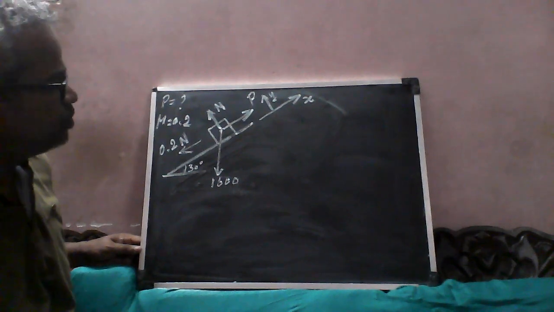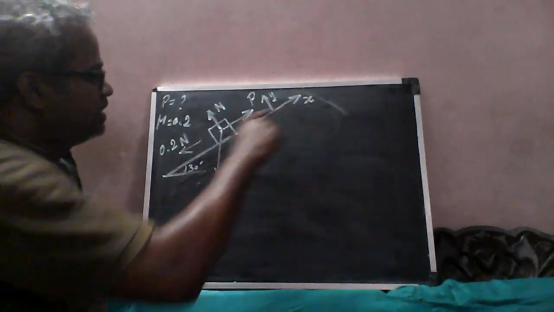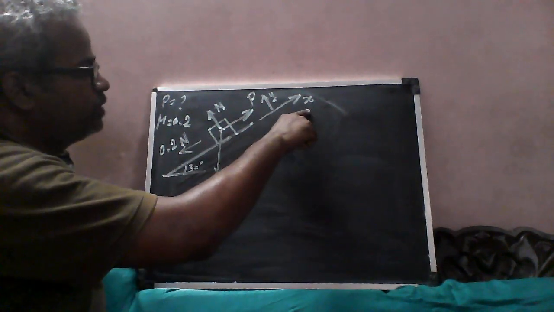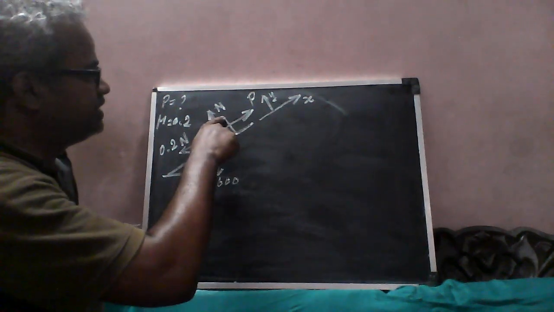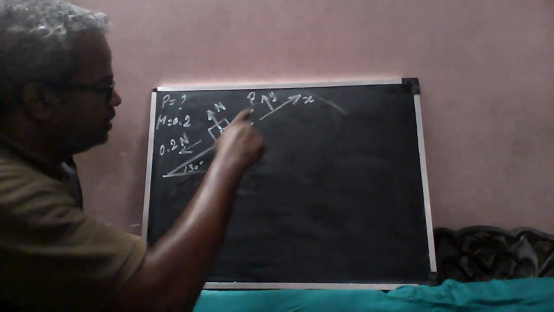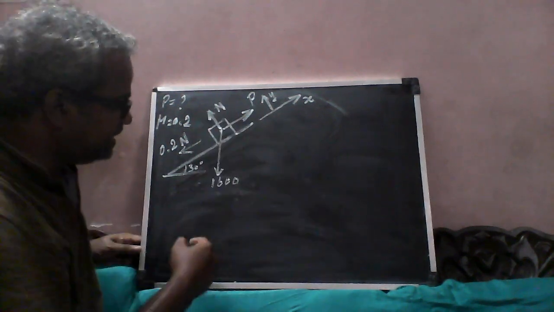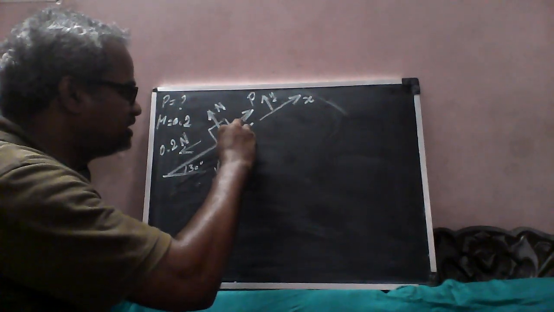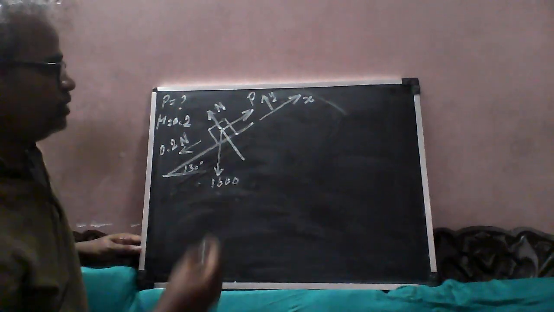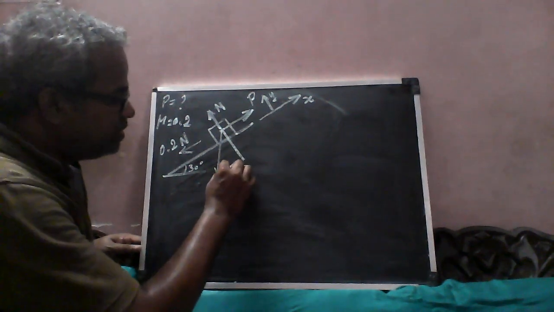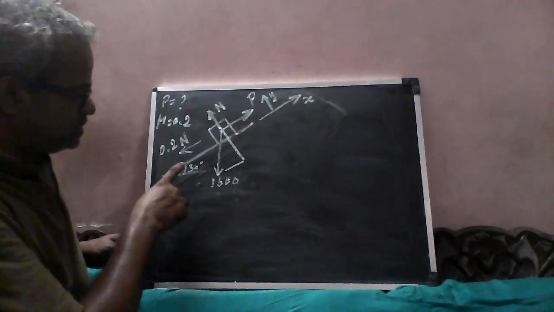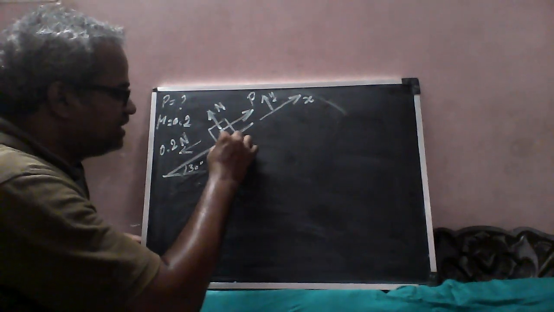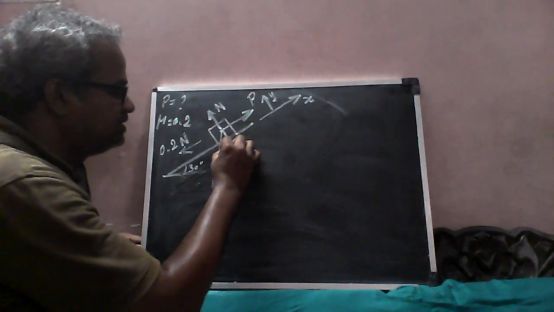Now you can see in this problem, N is aligned to y, P is aligned to x, but this 1600 is inclined. How much it is inclined? The same inclination the surface is having, that inclination it is having to the vertical, 30-degree.